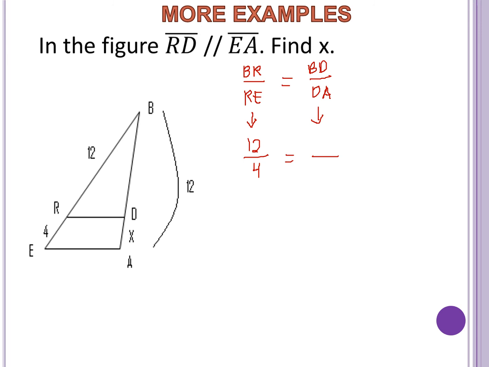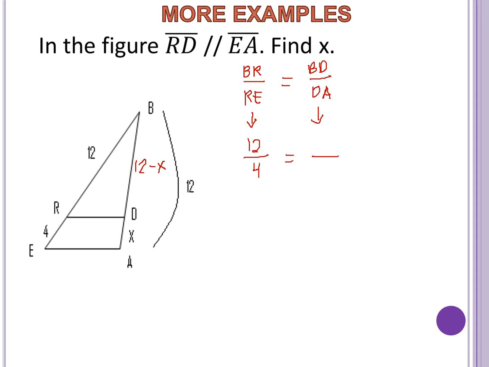Now for BD, how are we going to represent the measure of BD? If DA is x and if BA is 12. So since BA is 12 and DA is x, we can represent BD as 12 minus x.